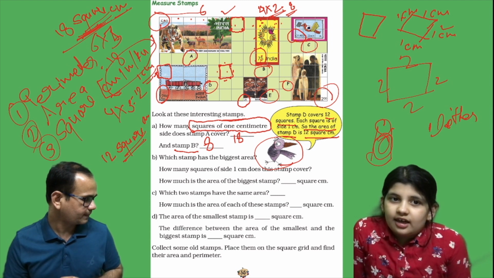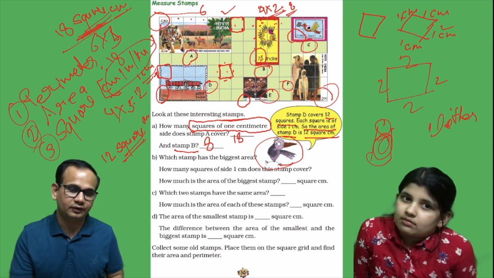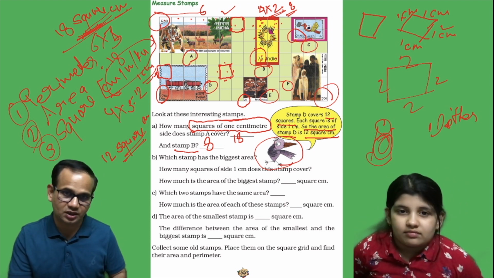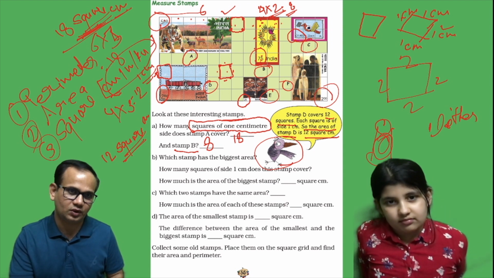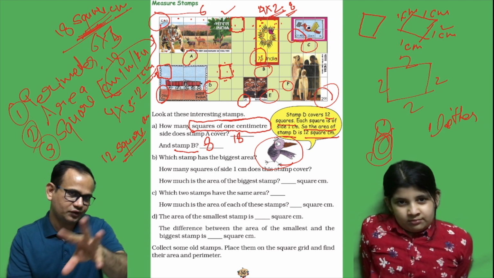Why can't we say 18 volume? Because here we are measuring dimension. This is one square or this one is a rectangle. What is the area of this rectangle?